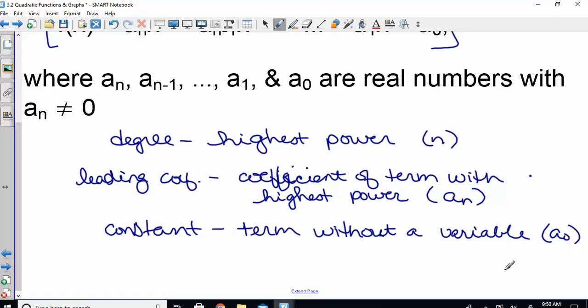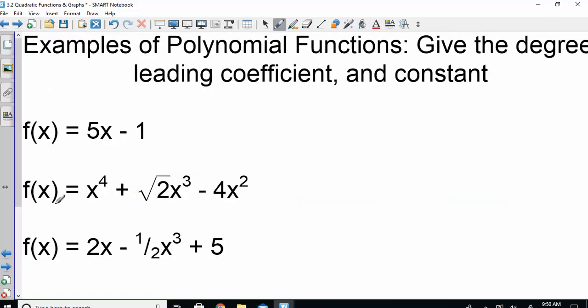So first we're just going to look at a few polynomials and see if we can pick out these things, the degree, leading coefficient, and constant in each. So this first one, 5x minus 1. What is the degree, the highest power? You have an x, that's like an x to the first, so it's a degree of 1.